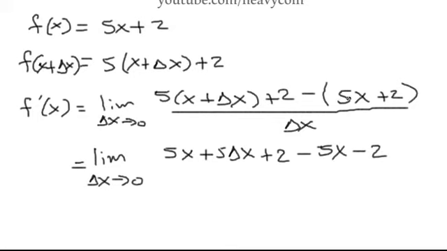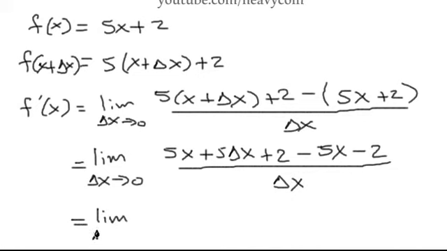Right, we want to distribute this negative across. And that's all over delta x. So then we write the limit as delta x approaches 0. Okay, let's see, what do we have here? We can cancel those guys out because we have a positive and a negative, and we can cancel our 2's out.